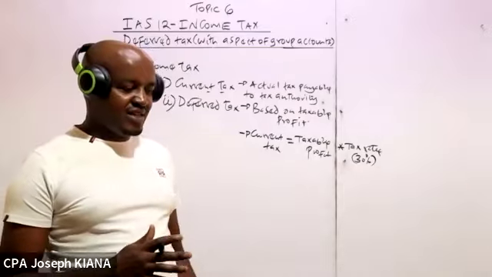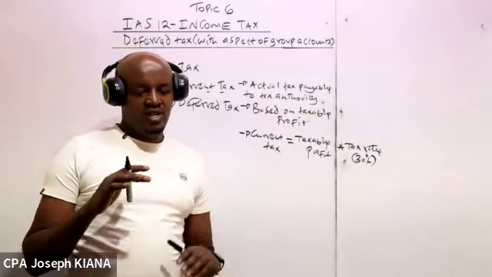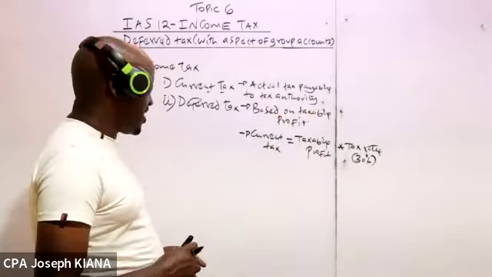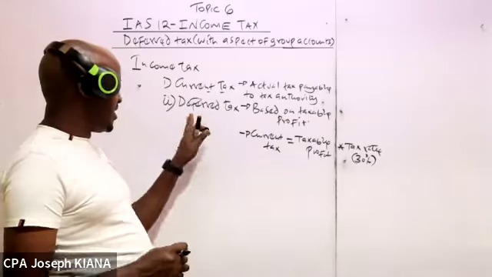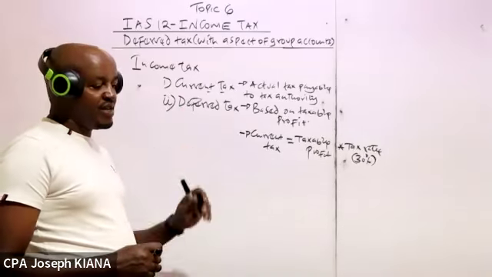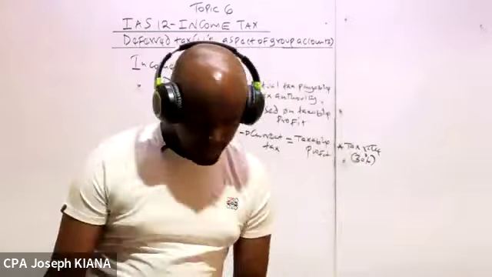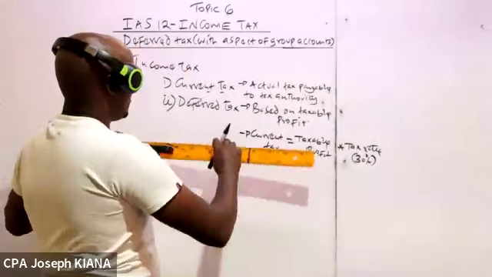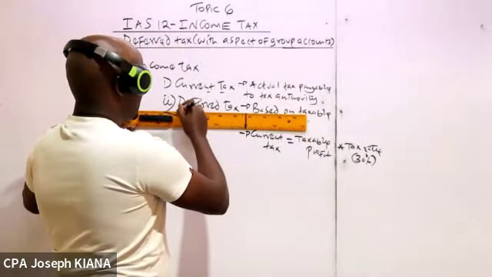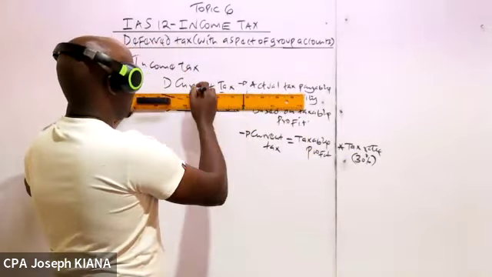But at this level, that is not our main interest. Our main focus here is the second type of tax, which is the deferred tax. So first of all, maybe we can just remind ourselves what the deferred tax is.